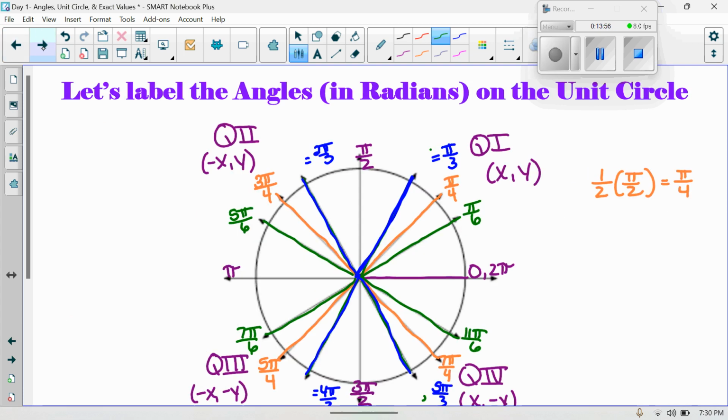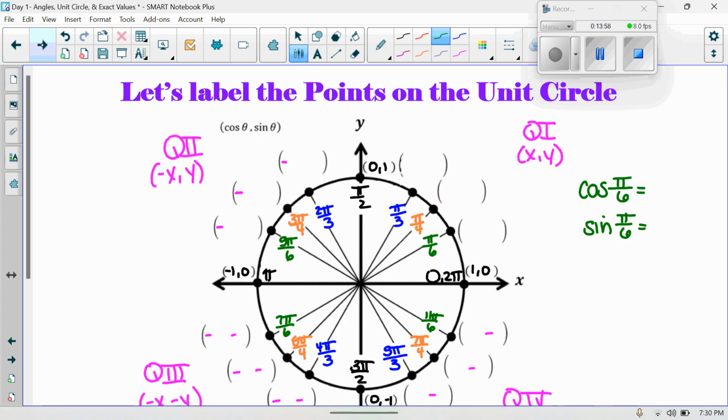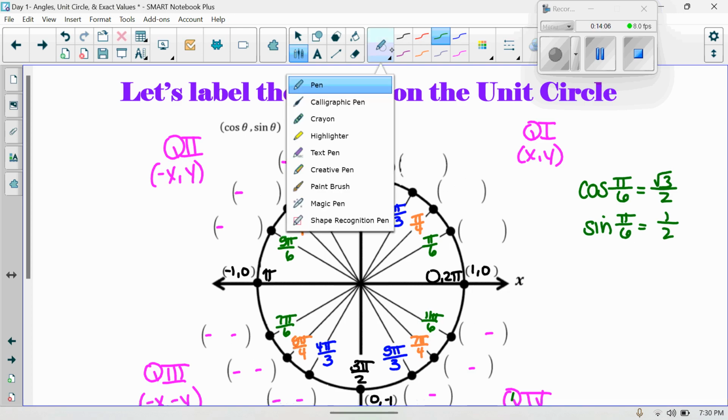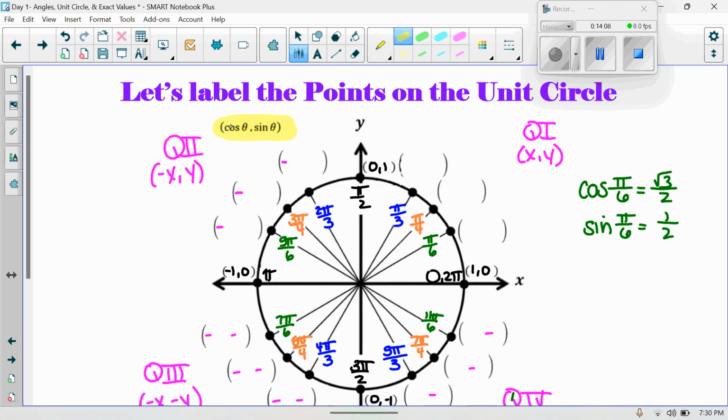So the cosine of pi over 6 is radical 3 over 2. The sine of pi over 6 is 1/2. So that's this coordinate here, because remember, it's cosine comma sine. So this is radical 3 over 2, comma, 1/2.